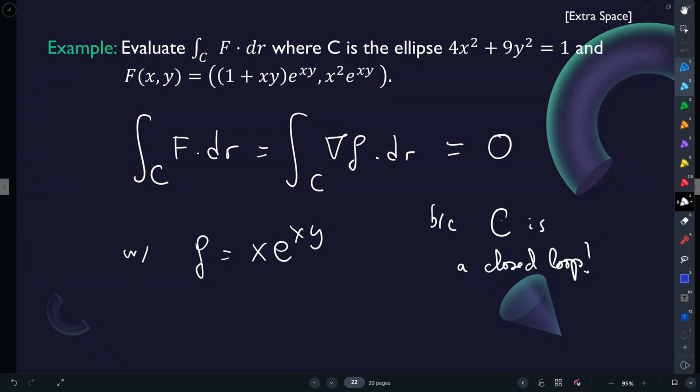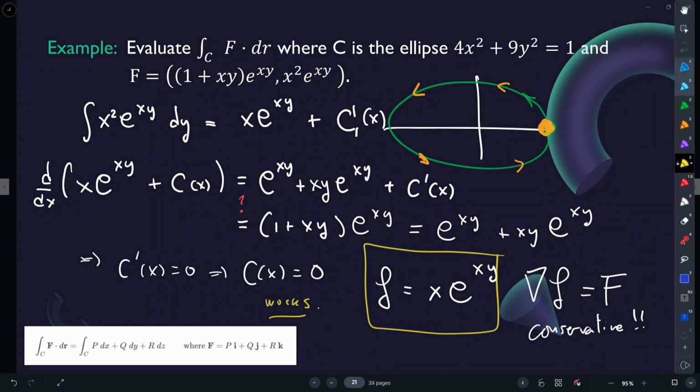So from here to here, we proved that the field is conservative, and from here to here, we are using the fact that the path we're doing is a closed loop, so the theorem of line integrals would tell me that it's like m minus m equals 0.